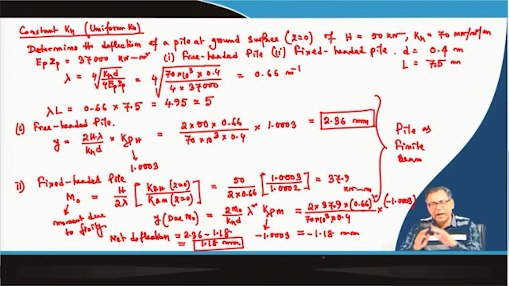So, this can be done for any depth, remember that, but when you calculate m 0, this k theta h, k theta m will be always at z equal to 0, remember that. Whether your z value can be anything, suppose you are doing it for z equal to 1 meter, but still you determine the m 0 considering k theta h, k theta m at z equal to 0.